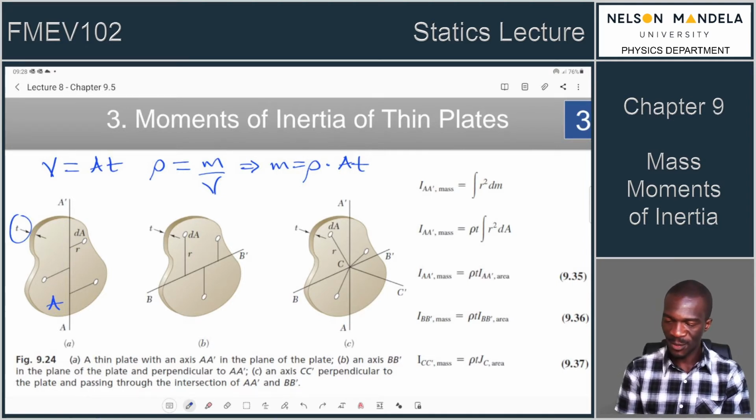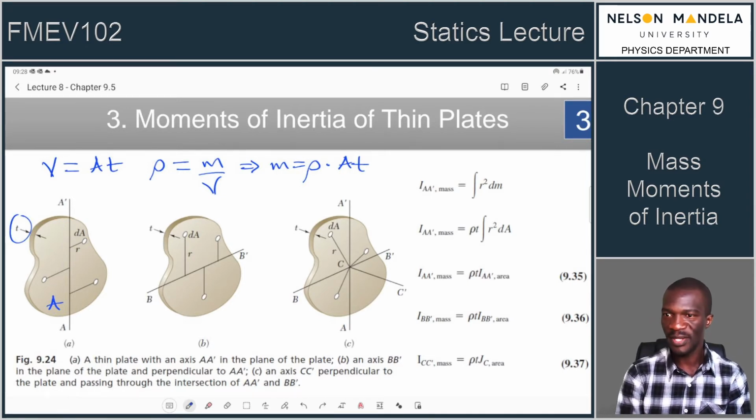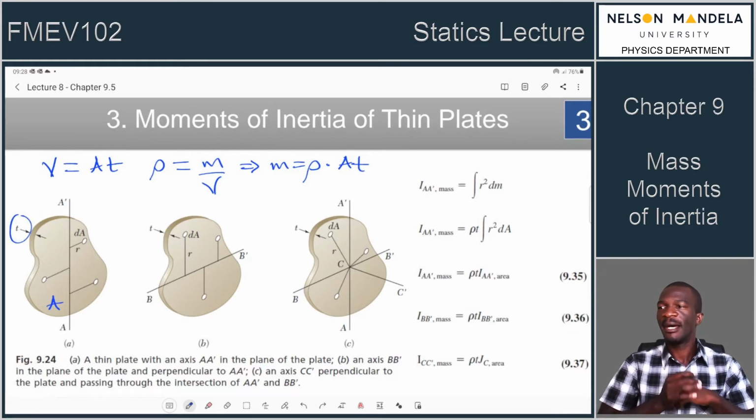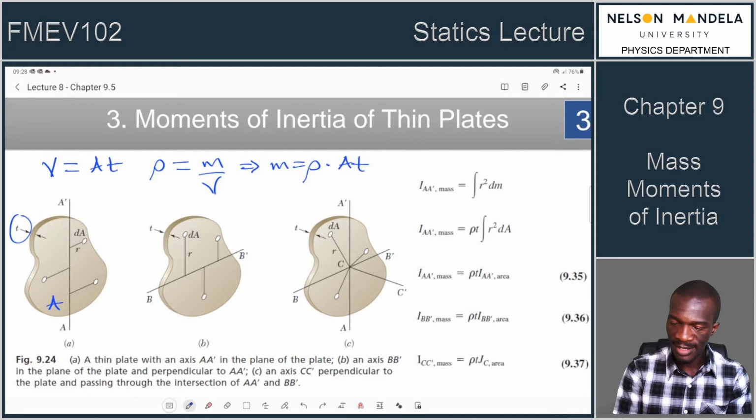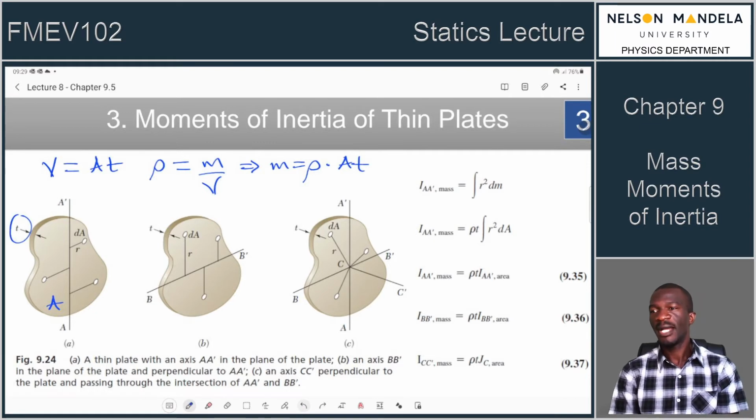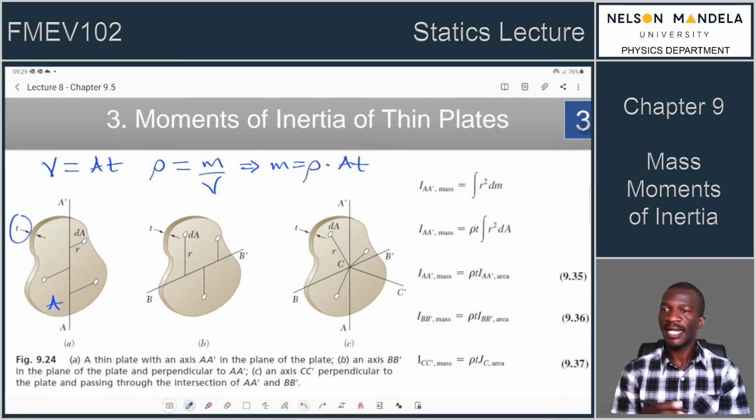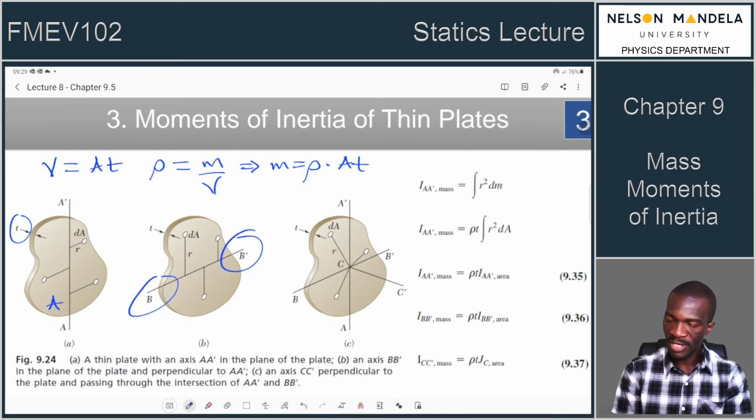Right, so in figure 9.24, we have a thin plate with an axis A prime. So that's our thin plate. This is our axis A prime. Right, so we've got another thin plate with an axis B prime.